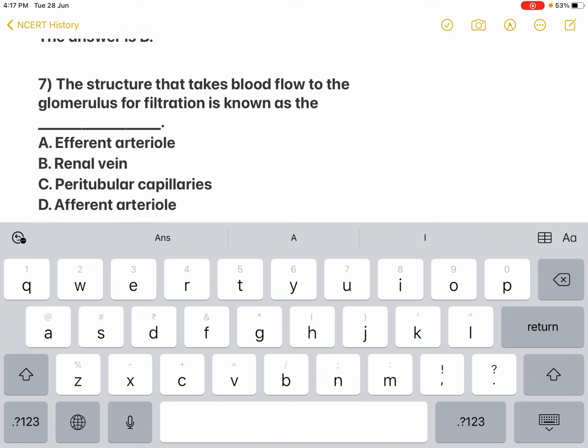The efferent arteriole takes blood away from the glomerulus to the other parts of the kidney, whereas the afferent arteriole takes blood to the glomerulus for filtration. So afferent, this is always a favorite question of most examiners.